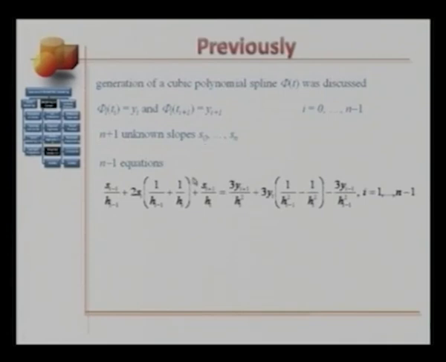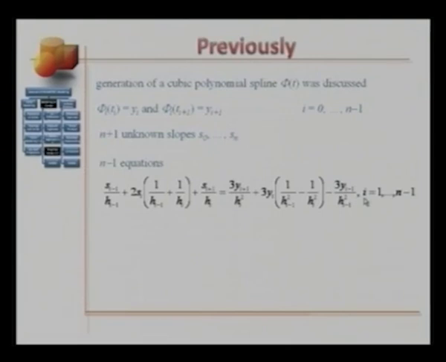These equations were of the form si minus 1 over hi minus 1 plus 2 times si within parenthesis 1 over hi minus 1 plus 1 over hi plus si plus 1 over hi equals 3 times yi plus 1 over hi squared plus 3 times yi times within parenthesis 1 over hi minus 1 squared minus 1 over hi squared minus 3 times yi minus 1 over hi minus 1 the whole square.